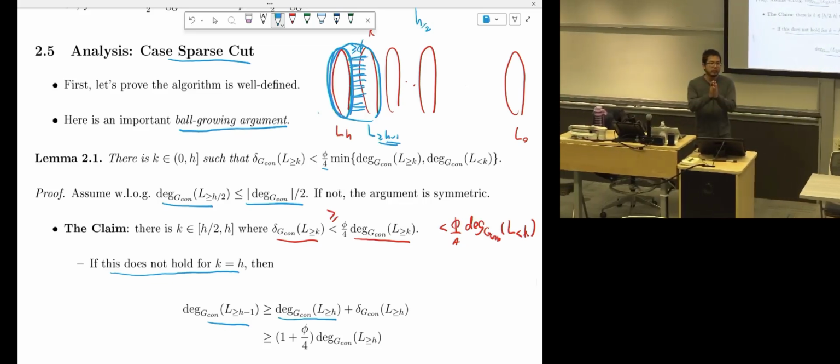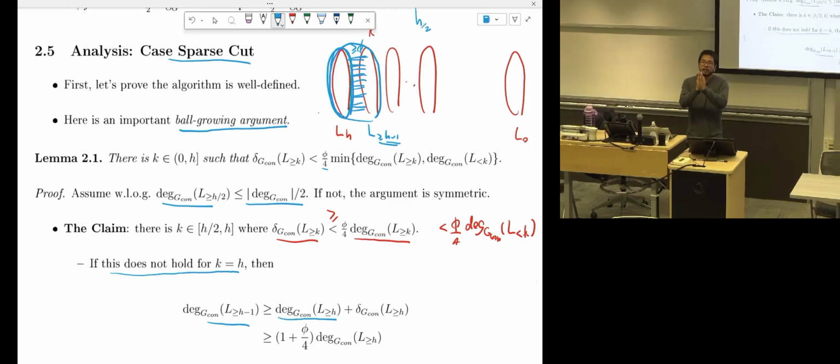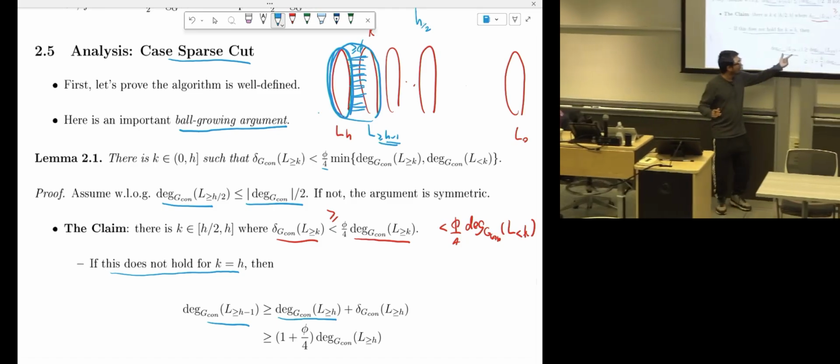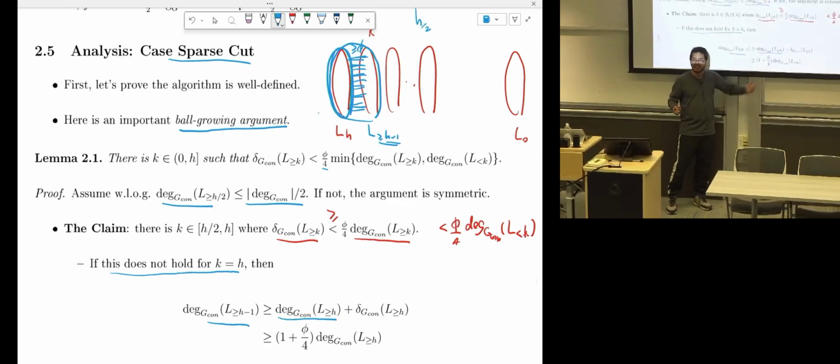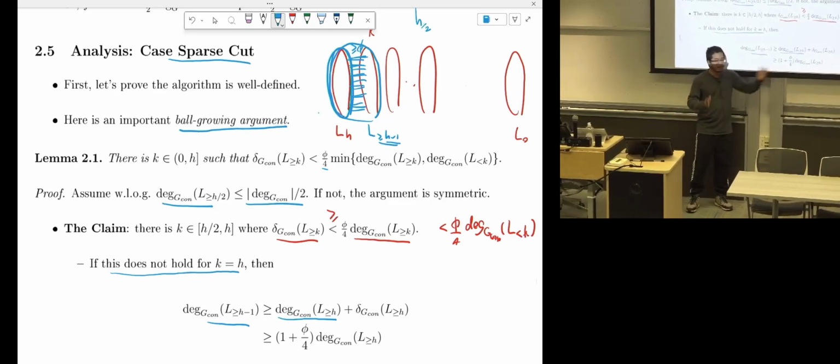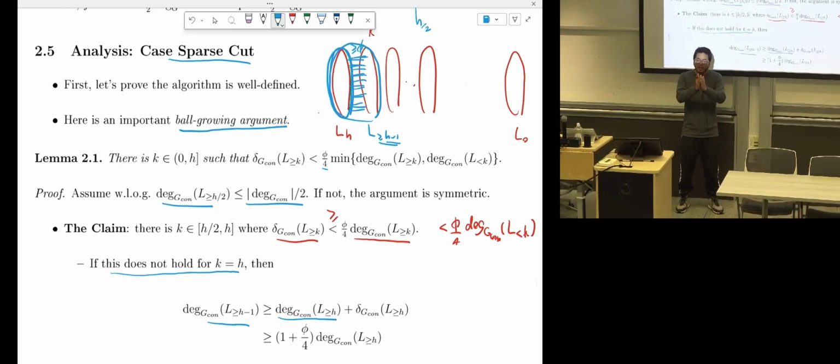So if the cut is not sparse, when you grow it by 1 step, the volume grows by this factor. This might be small, but you can continue this, and it grows exponentially, right?